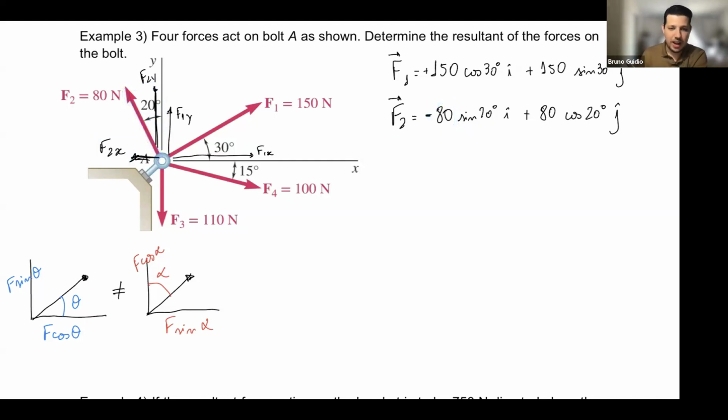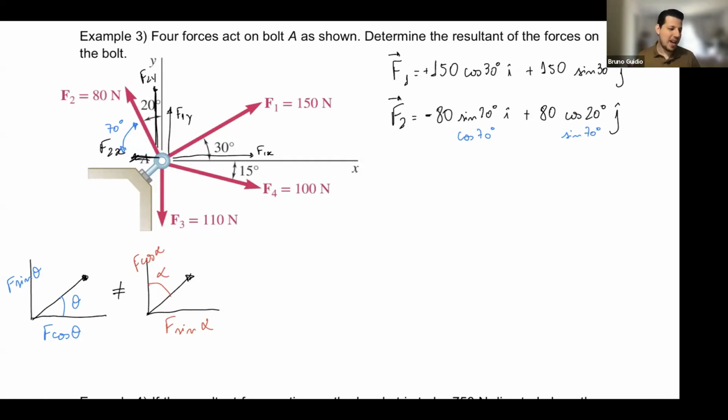Now, can I open parentheses here? Some students ask me, Bruno, instead of using 20 degrees, can I use 70 degrees? And then this would be cosine of 70 and this would be sine of 70.